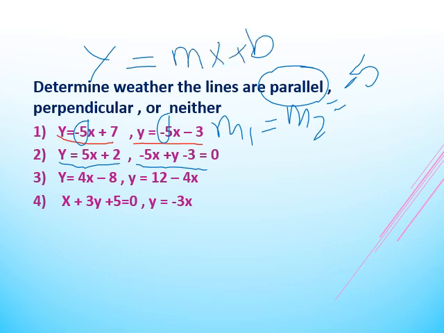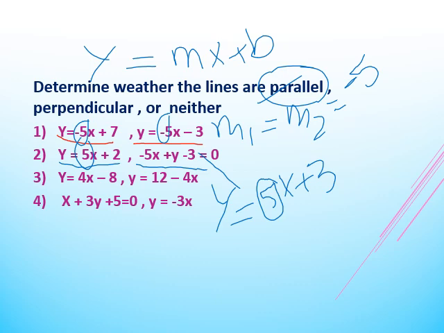So before determining whether they are parallel or perpendicular or neither, you should get the two lines in the same form, then compare them. Now we will first convert this to the form y equals 5x plus 3. So the coefficient of x equals 5 in both, so the two lines also are parallel to each other.